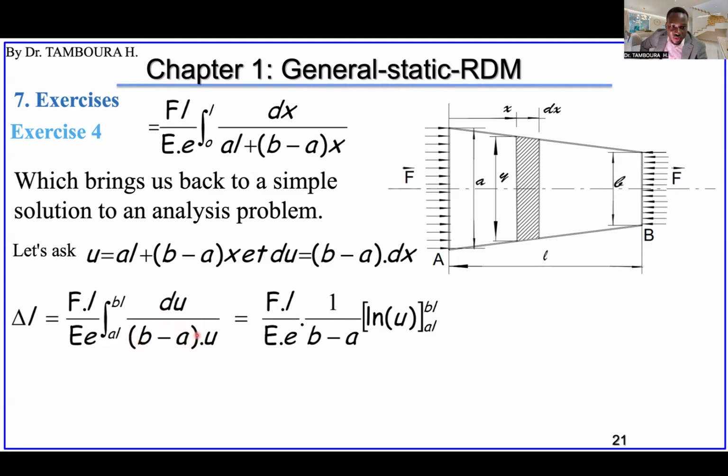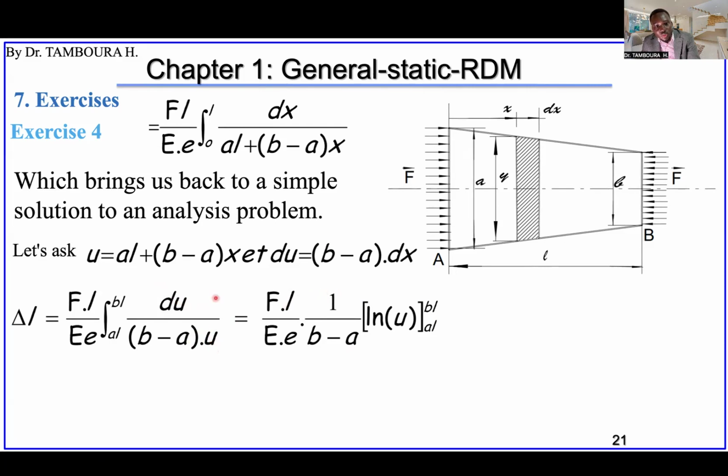So as it is a constant, we can send it out here. Okay. Then you know that du divided by u is just the logarithmic function, as the primitive of x prime divided by x is ln of x. The logarithmic function, high school.